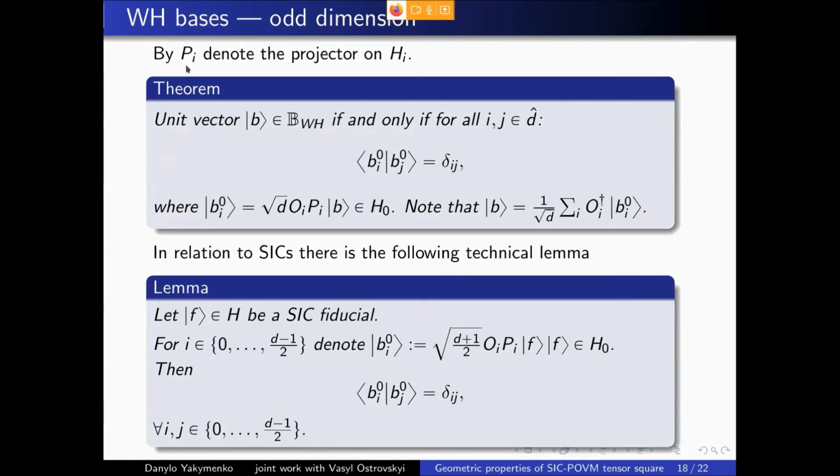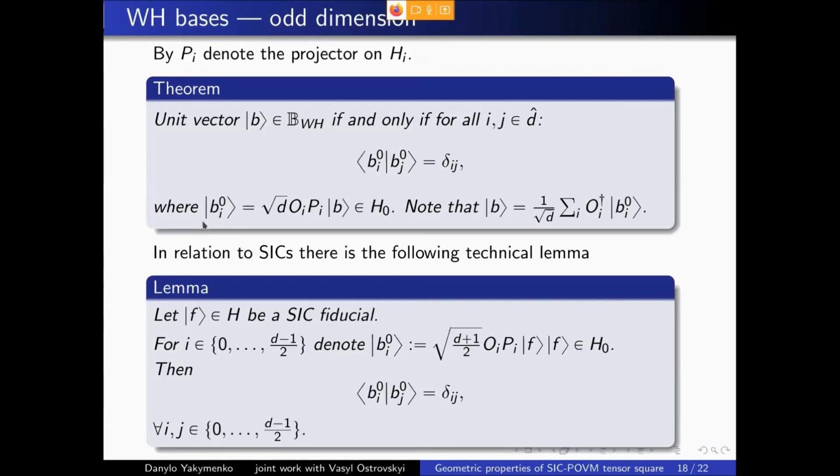We can denote by pi the projectors on those parts. And there is a theorem that a unit vector b belongs to the set of fiducial vectors if and only if the set that we can compute from it is an orthonormal basis.